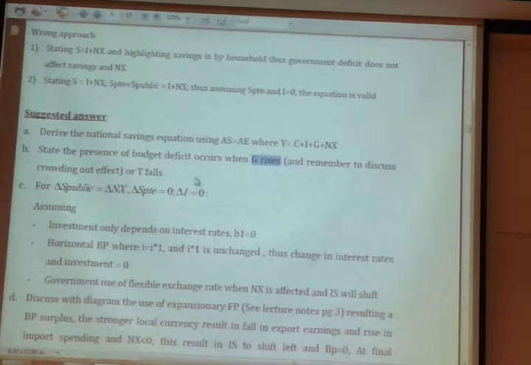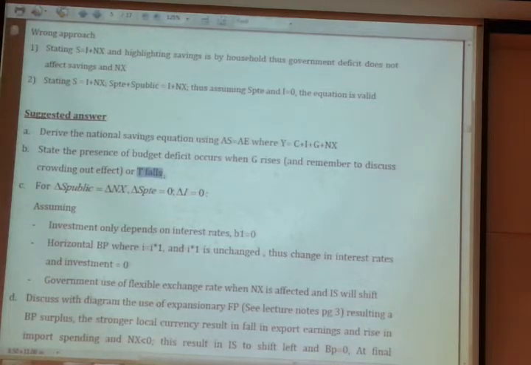I actually will not discuss T at all. So this question itself requires you to be very, very meticulous. So look at how I actually approach the question. I know S is I plus NX. This is S private plus S public, equal to I plus NX. So you want these two terms to be exactly the same. Look at your S public.